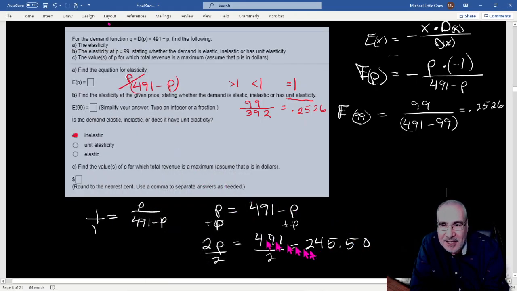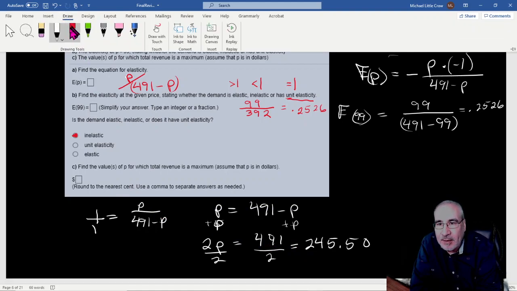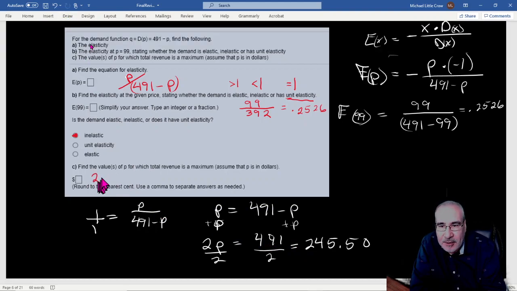Okay, so $245.50. That is our answer that goes in here. That's the price. It's not the maximum revenue, it's just the price. If you wanted to actually find the maximum revenue, then we go back, plug it into the demand function, and then multiply by the price.